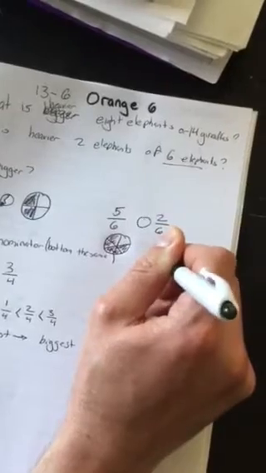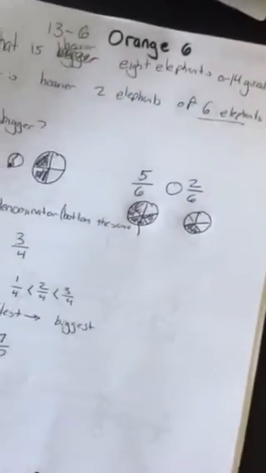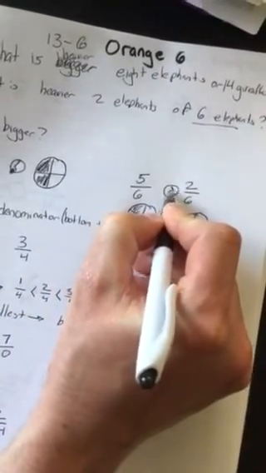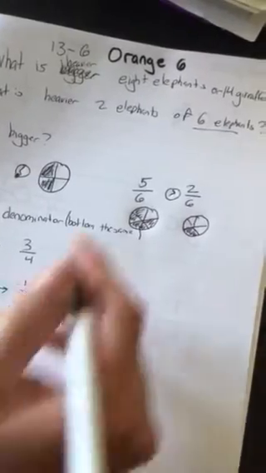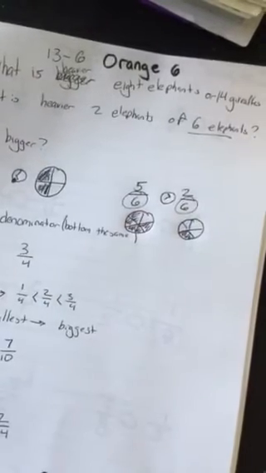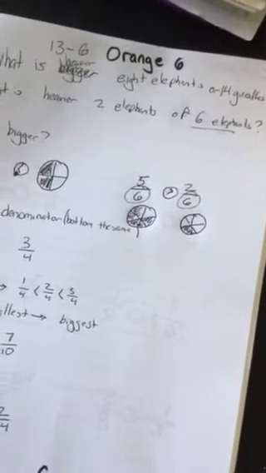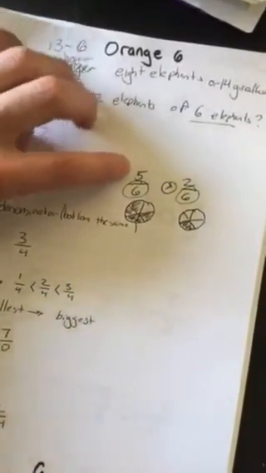So 1, 2. And it's really easy to see which one has more shaded. The 5/6 does. So we can know that whenever our bottom number is the same, like it is here, we've got 5/6 and 2/6. Whichever one has more pieces or a higher top number is going to be bigger, right?